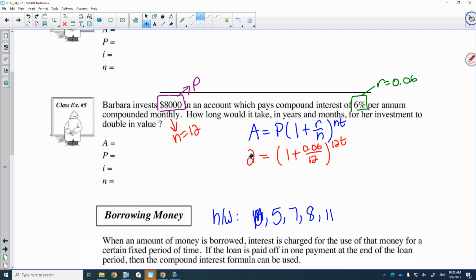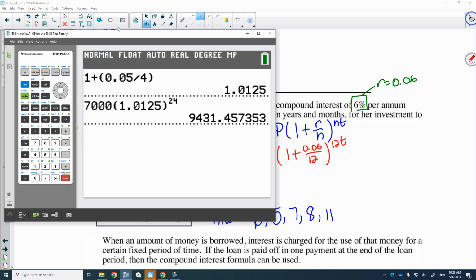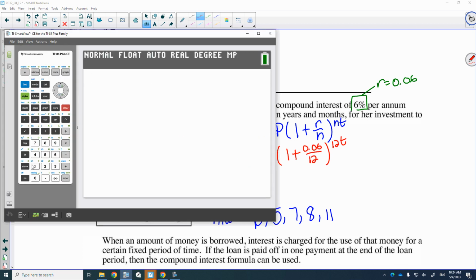So I'm figuring out what t is. Let's figure out what our base is. So 1.005.